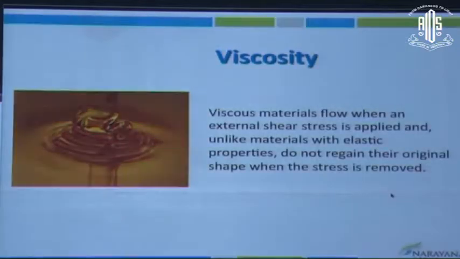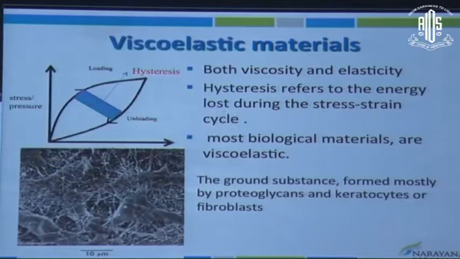And that brings us to the concept of viscosity. Viscosity means that anything which you deform does not come back to its previous shape, or it takes a really long time to do so. And precisely this is what the cornea is. The cornea is a viscoelastic material. So when you press the cornea down, you deform it, and when you release the pressure, it may not bounce back as fast as you deformed it.